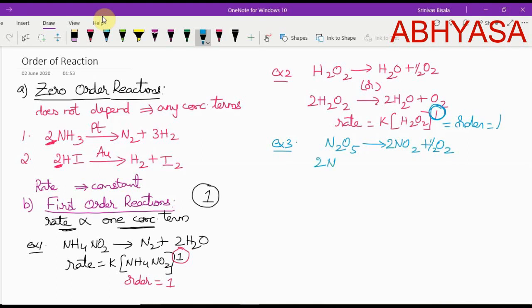Even if I write the reaction in this way, 2N2O5 giving rise to 4NO2 and O2, in both the cases we write the rate as equal to K into N2O5. That is the one which we got from the experimental value. So, as the concentration term here is N2O5 to the power 1, that is the reason why the order of reaction is equal to 1.